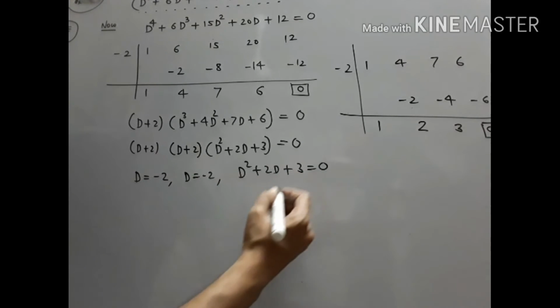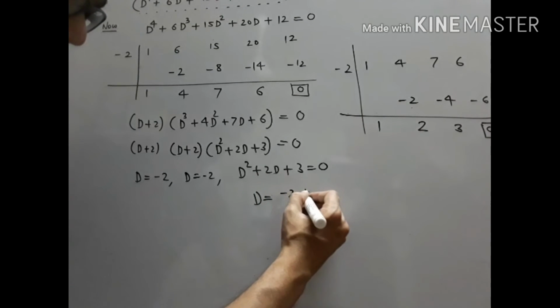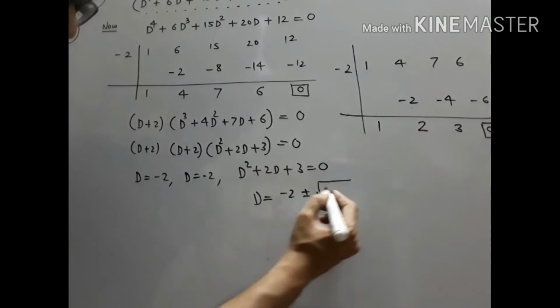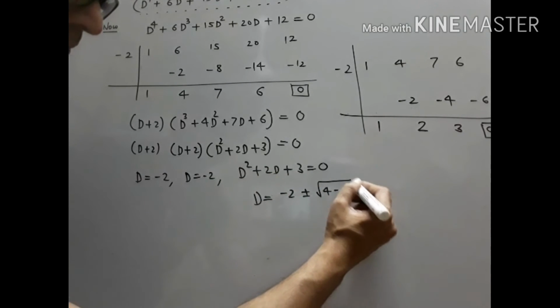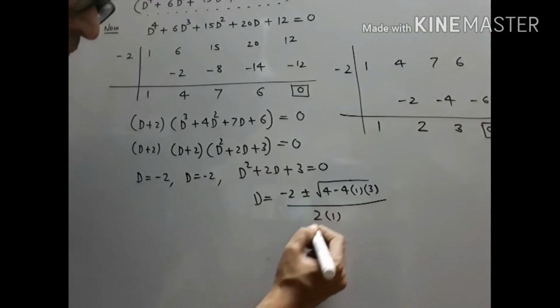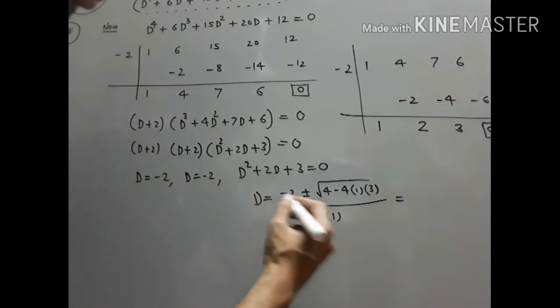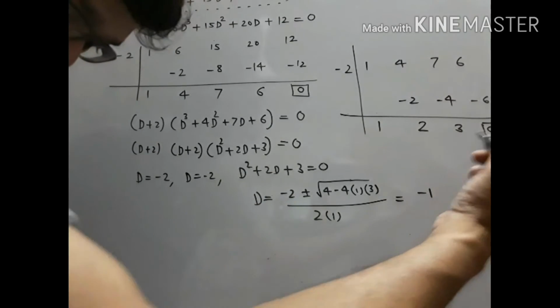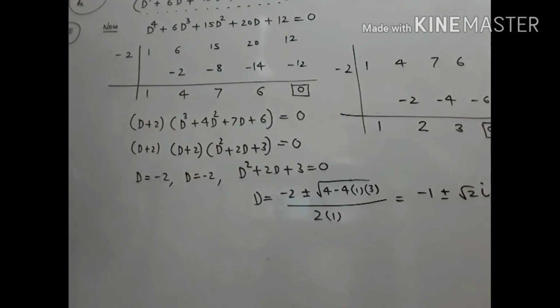Now the roots of this would be D equal to minus 2 plus or minus root of 2 square, that is 4, minus 4 into 1 into 3, divided by 2 into 1. So the roots are finally minus 1 plus or minus root 2 i.